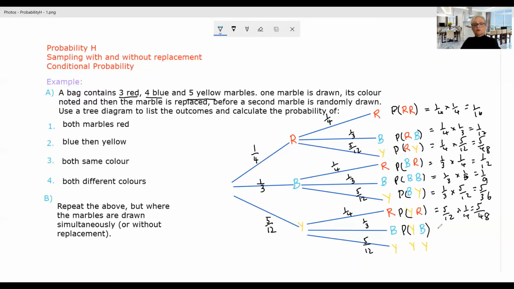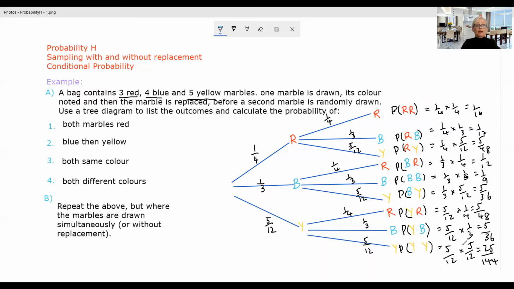Yellow then blue is 5/12 times a third, which is 5 on 36, and yellow and then another yellow is 5/12 by 5/12, which is 25 on 144. So they're all our probabilities there of the different situations.